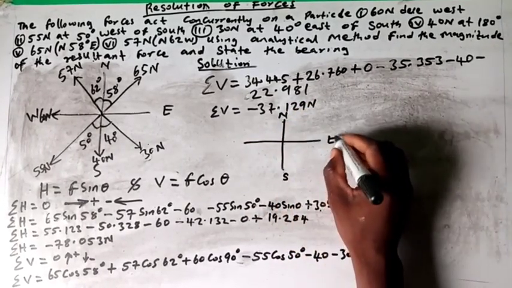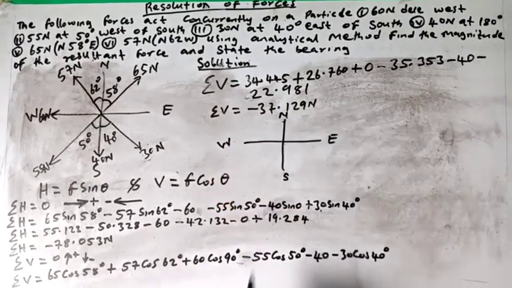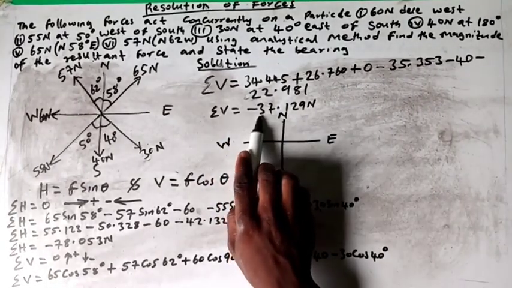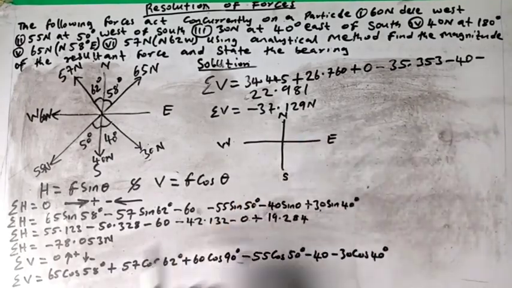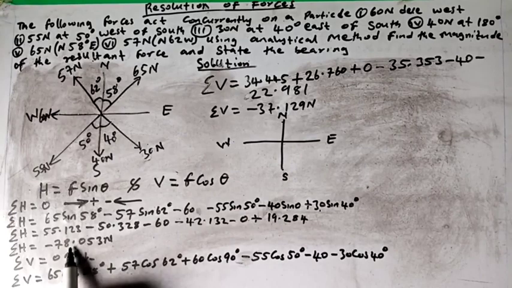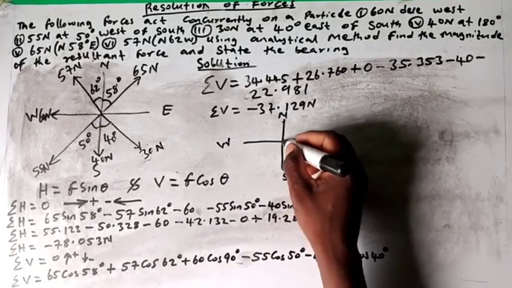So if we draw our cardinal points again to locate the resultant force, here is north, here is south, here is east, and here is west. Our summation of V is negative, telling us that the force is acting downward. And our summation of H is also negative, telling us that the force is acting in this direction.